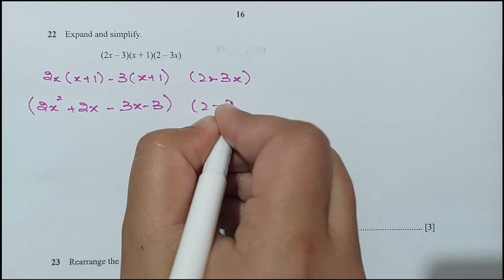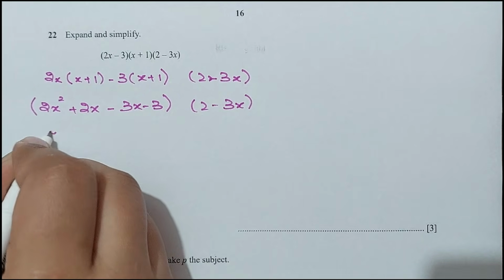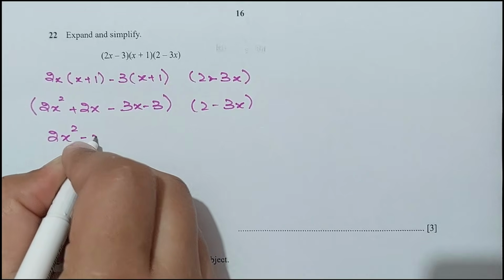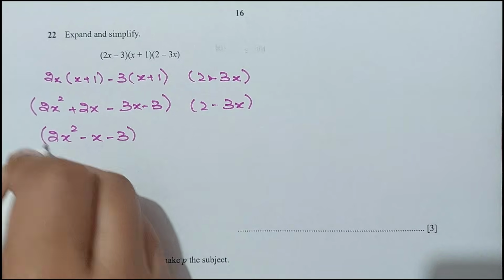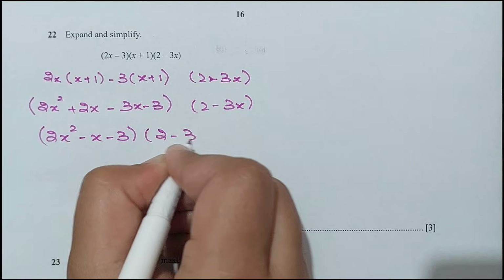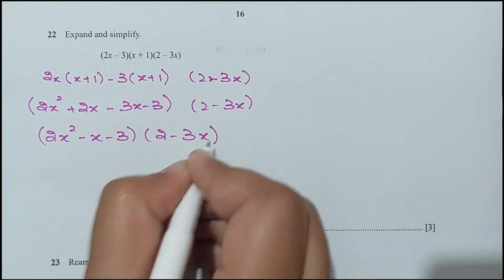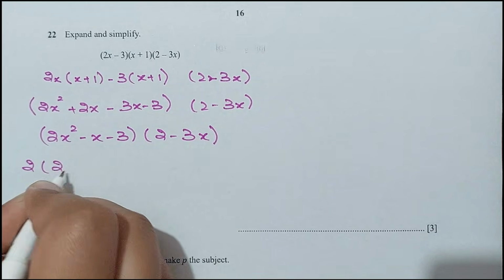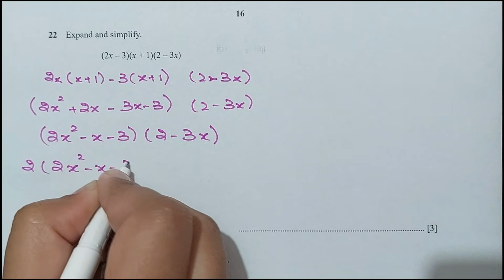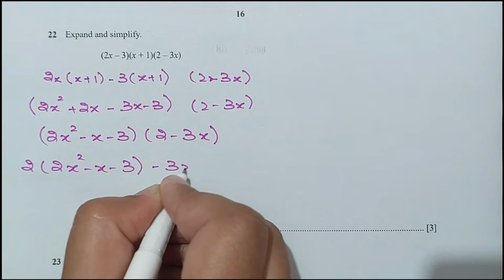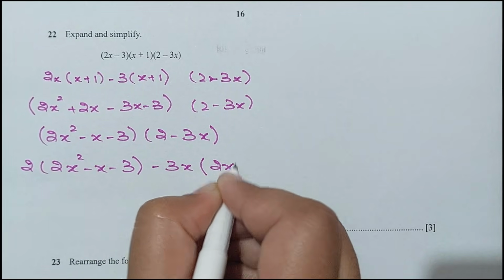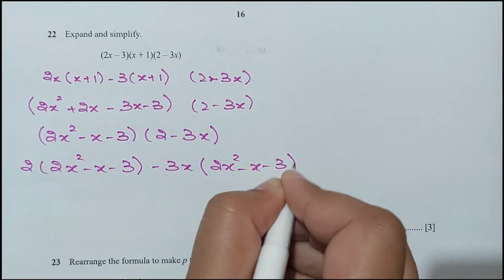And this is 2 minus 3x. This is 2x squared minus x minus 3 times 2 minus 3x. Let me expand with 2 and with minus 3x. 2 into 2x squared minus x minus 3, and minus 3x is expanding to 2x squared minus x minus 3.